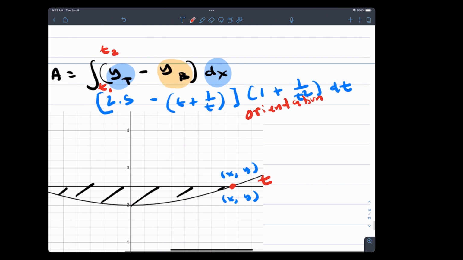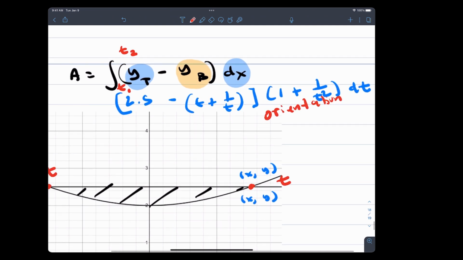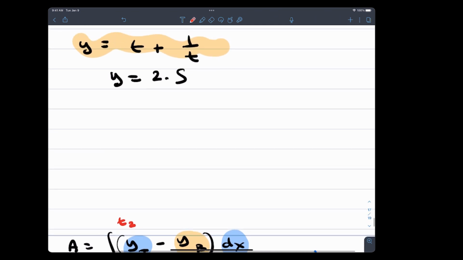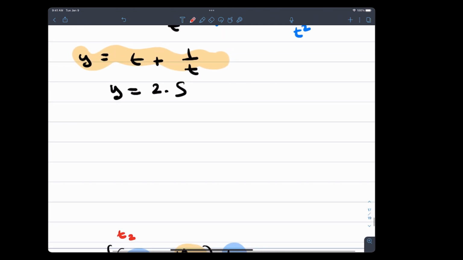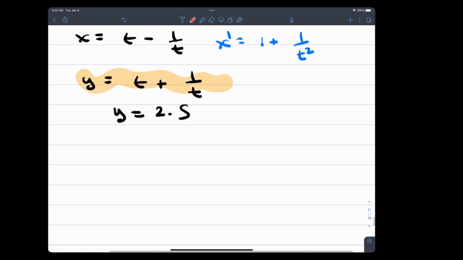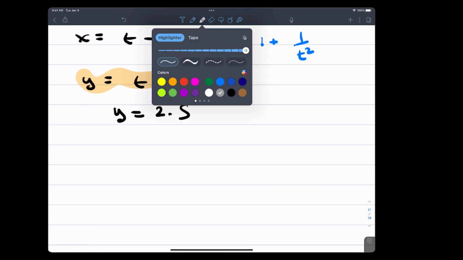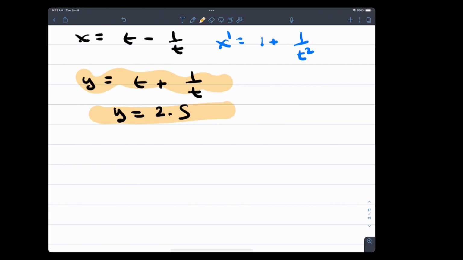We have all the other stuff here. And then you're going to say, how do I get t? Because you're going to do some algebra there. So does anybody have an idea how you get that t value? Go back over here. See your two y equations?